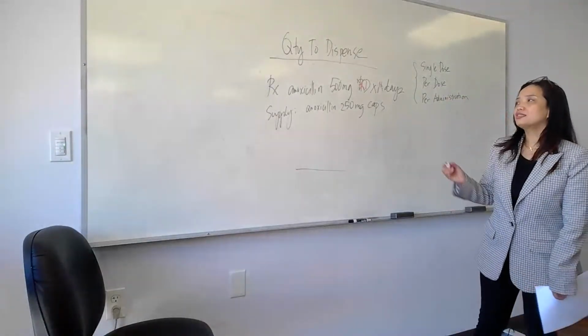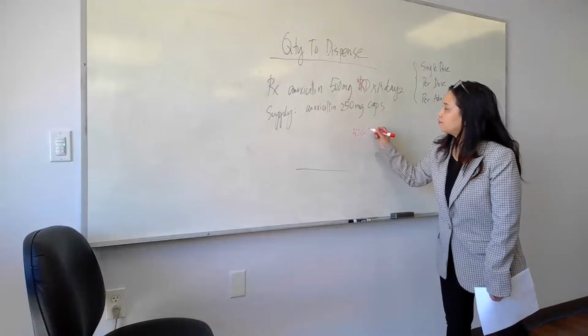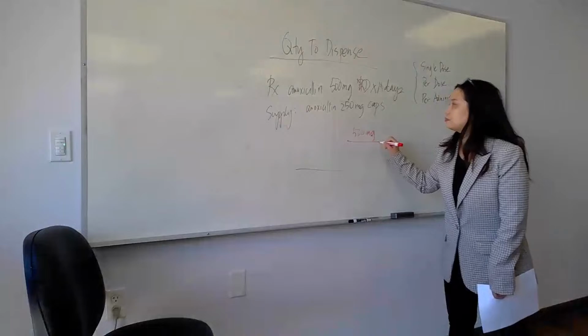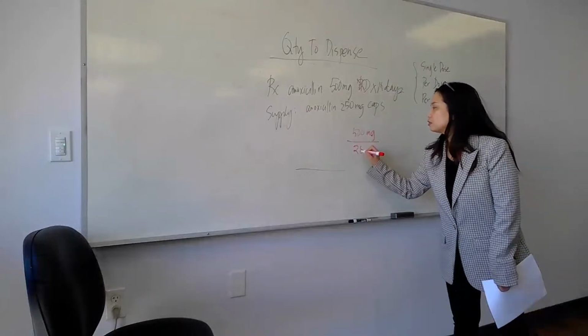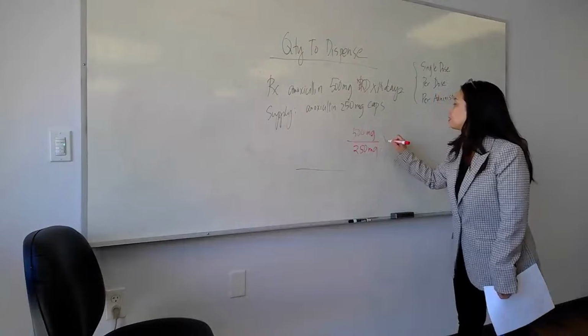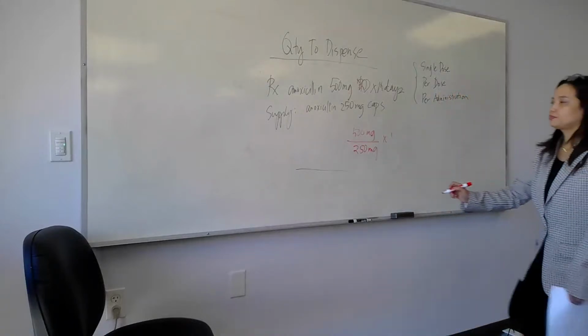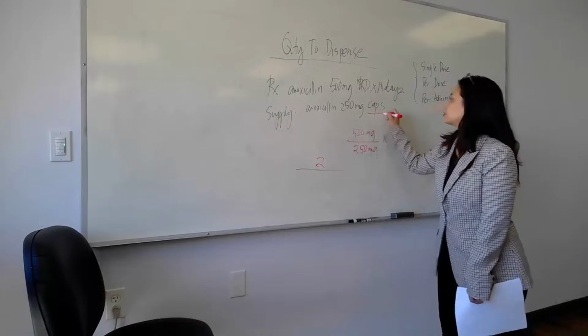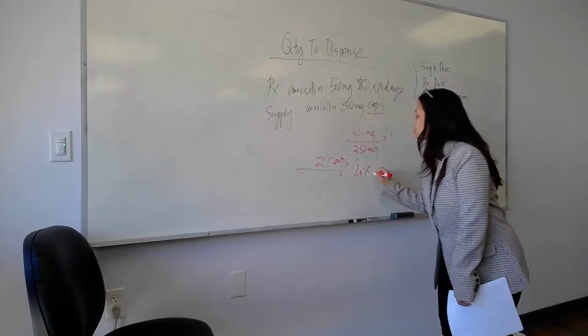What did the doctor desire for the patient? 500 milligrams. What do you have in the pharmacy? 250 per dose. The answer is 2 caps. That is the per dose answer.